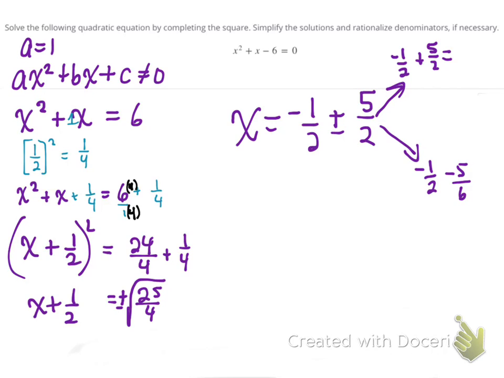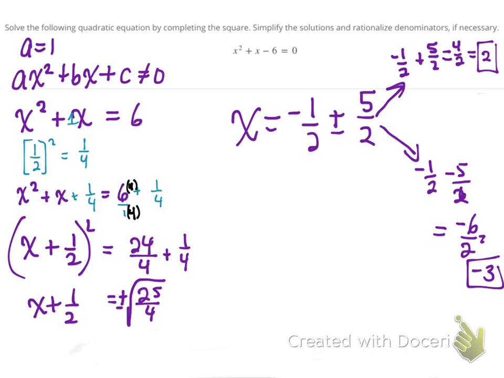For negative 1/2 plus 5/2, that gives me 4/2, which gives me 2. That's one solution. And negative 1 minus 5 gives me negative 6 over 2, which gives me negative 3. Those are my two solutions.